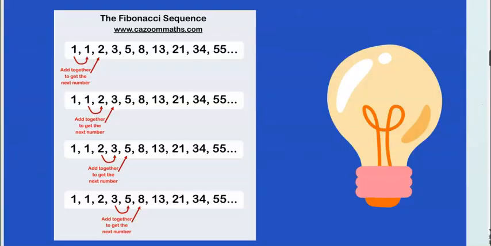We can see here that the rule is that you add the two numbers before the number together to get the next number. So 1 plus 1 equals 2. 1 plus 2 equals 3. 2 plus 3 equals 5. 3 plus 5 equals 8, and so on.